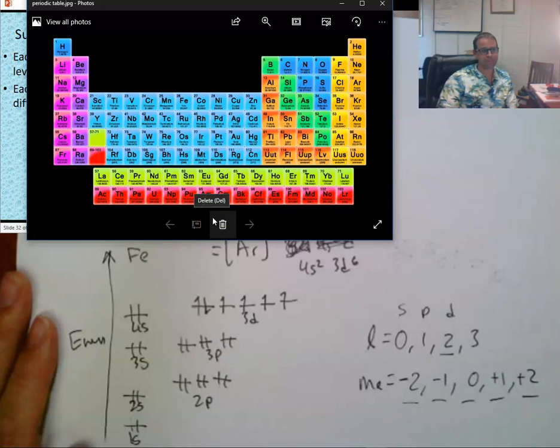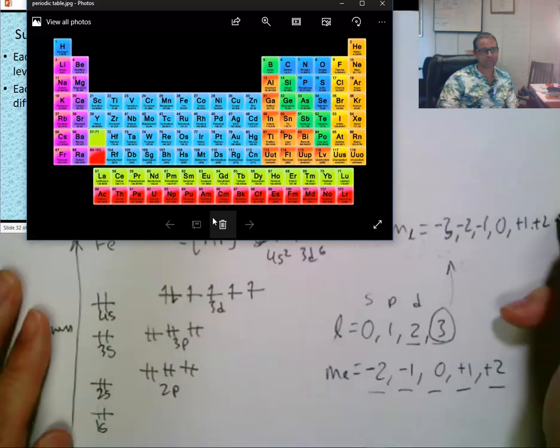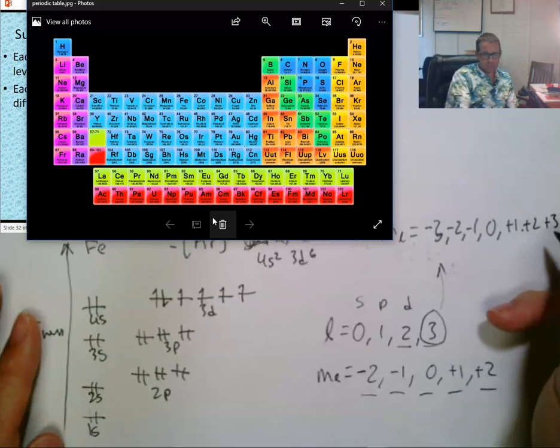It's going to be 7. 7, that's right. And that corresponds with, if L were to equal 3, then my possible M sub L values would be negative 3, negative 2, negative 1, 0, positive 1, positive 2, and positive 3.